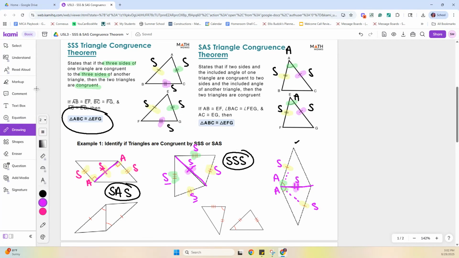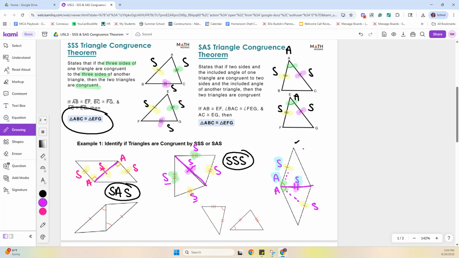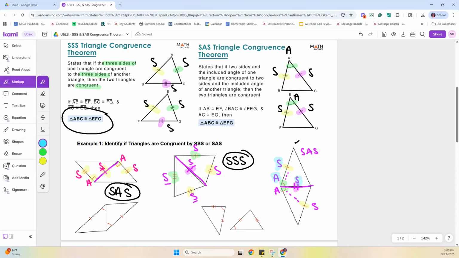So if I notice here, we'll use blue. I have a side, an angle, and a side here for this top triangle. But then on that other triangle, so hang on. On the top triangle, I have a side, angle, side. But then on the bottom triangle down here, I have a side, then a side, then an angle.